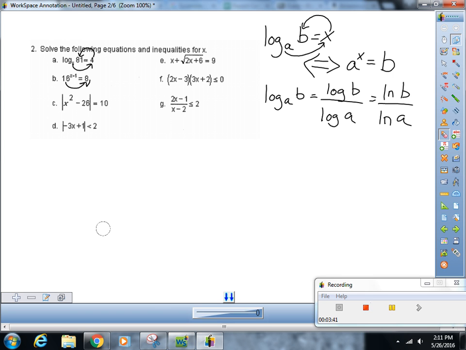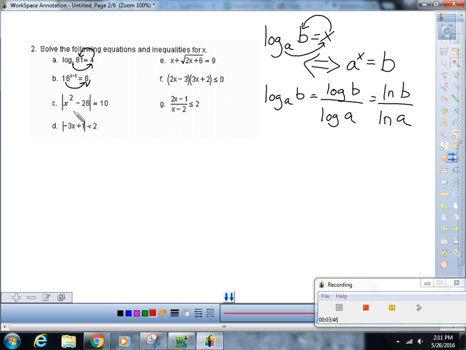Okay, now, remember that absolute value is measuring magnitude or distance away from 0 on the number line. So, just remember that if the absolute value of X equals 4, this is a two-scenario problem. X could equal 4, or X could equal -4.